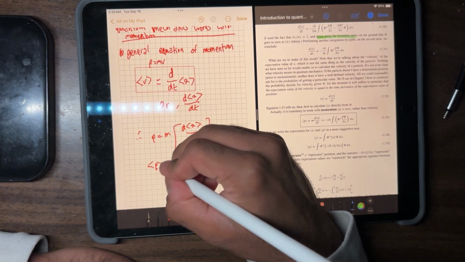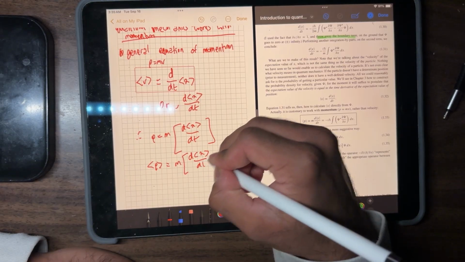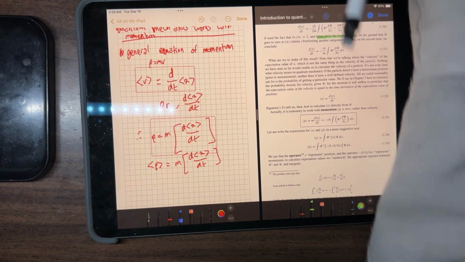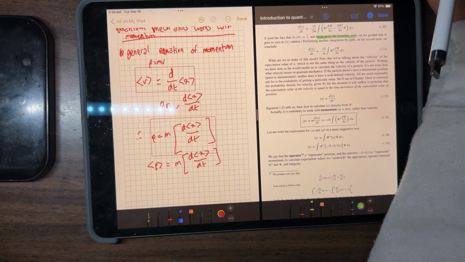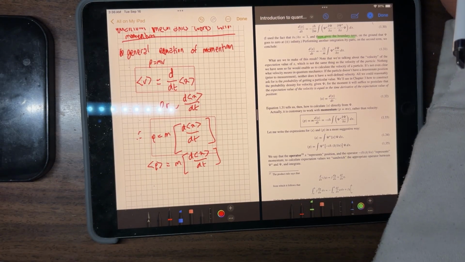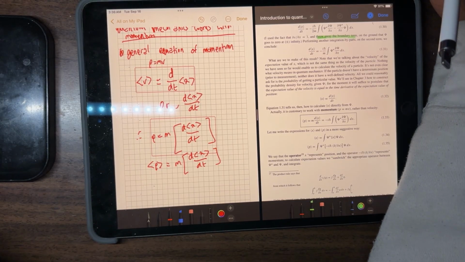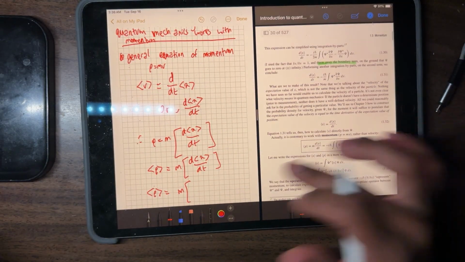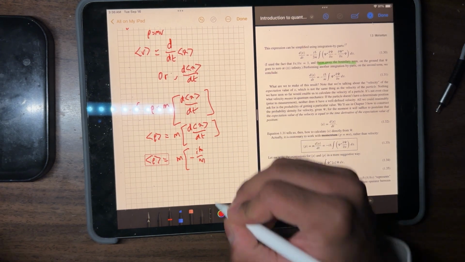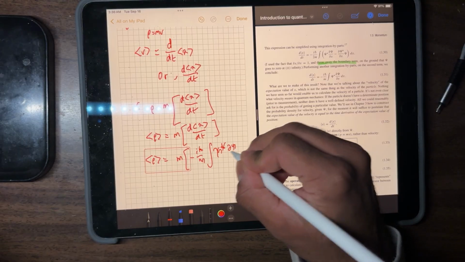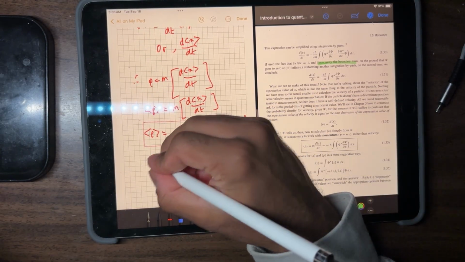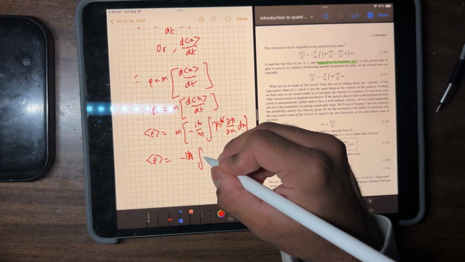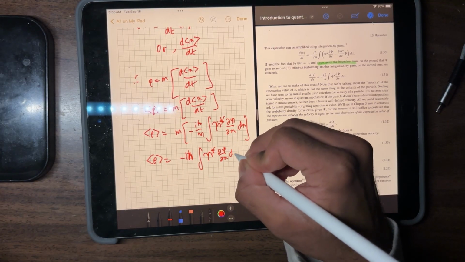So this means the expectation value of p equals m d expectation value of x by dt, which is m times minus iota h bar by m, integration of psi conjugate curl psi by curl x dx, where expectation value of p is equal to minus iota h bar integration of psi conjugate curl psi by curl x dx.